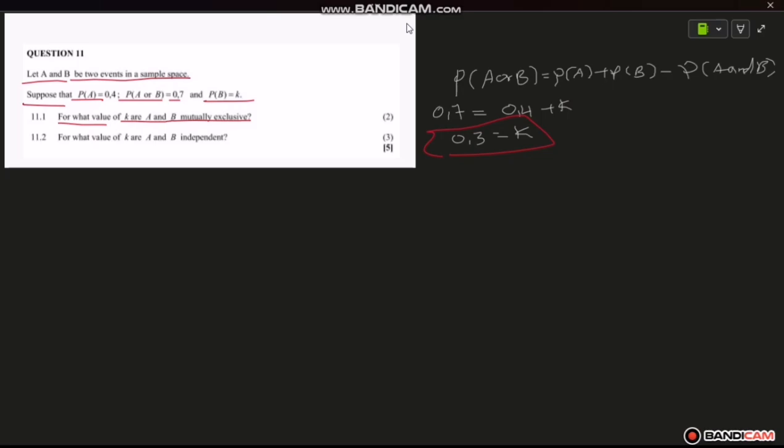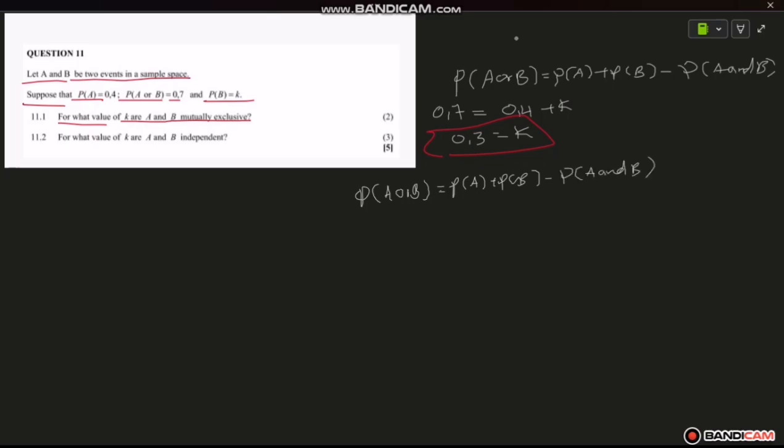So let's try to prove it and use the general formula again to determine the value of P of A and B. Where there's K, we substitute 0.3 to check if P of A and B is going to be 0 or not. If it's 0, it means that our answer is correct.